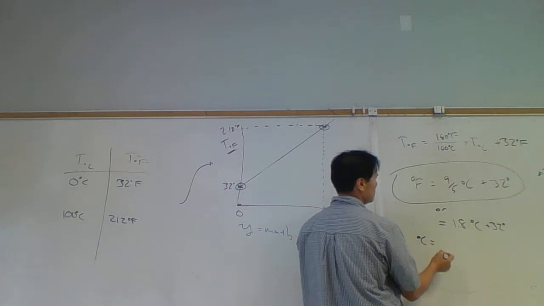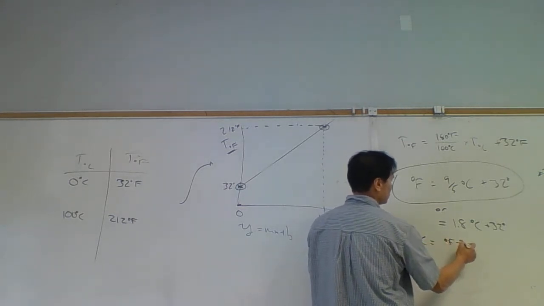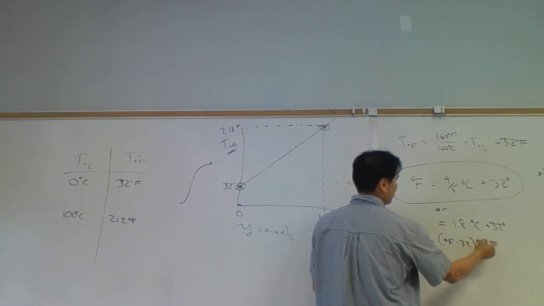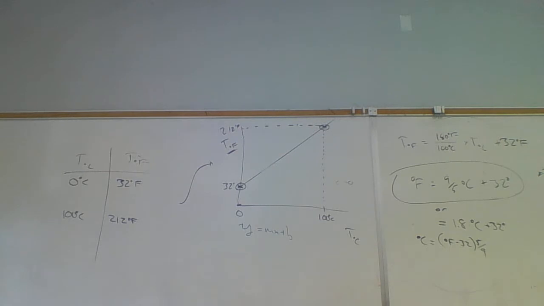Degrees Celsius is equal to degrees Fahrenheit minus 32 times 5/9. That's the way I do it. You can do it any way. 59 degrees Fahrenheit. So there's a table we convert. So you could try these conversions here.